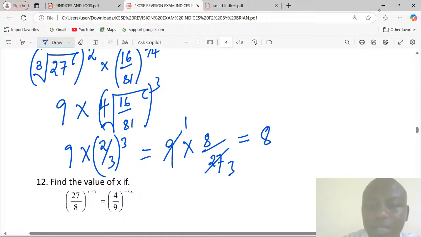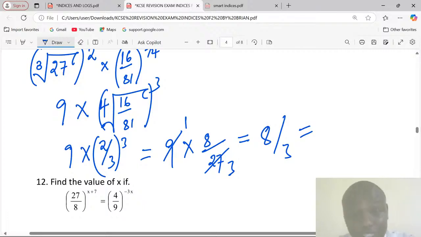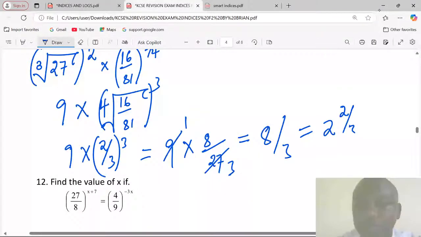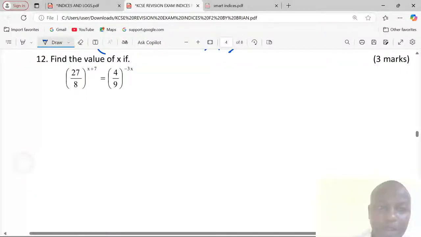So 8 out of 3, which is equivalent to a number as an improper fraction. For us to finish, we have to say this is equivalent to 2 and 2 out of 3. Yeah, 2 and 2 out of 3.